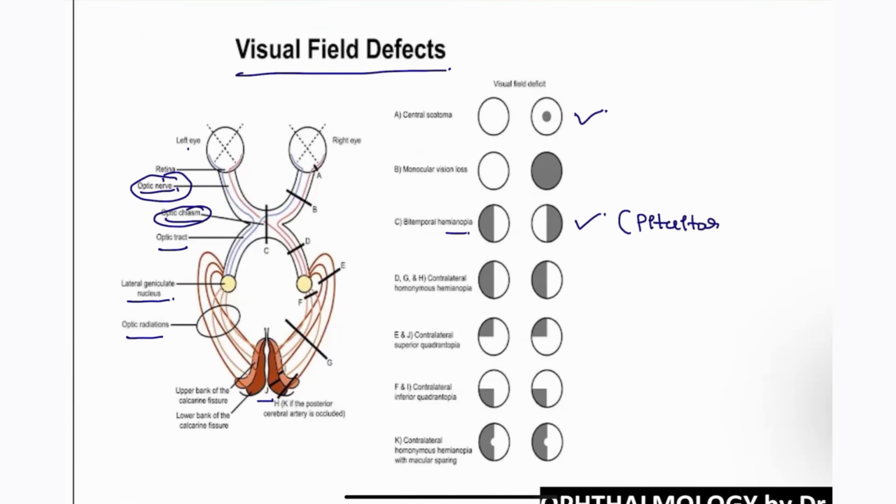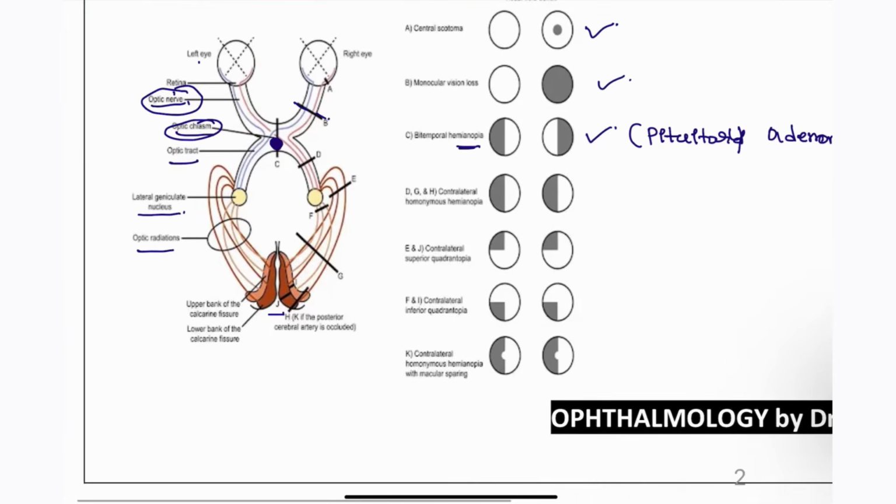In those suffering from pituitary adenoma, because the pituitary gland is present at this location. If it keeps enlarging and compressing the optic chiasm, you are going to see bitemporal hemianopia. And if both optic nerves are damaged, left and right, you are going to see monocular vision loss.